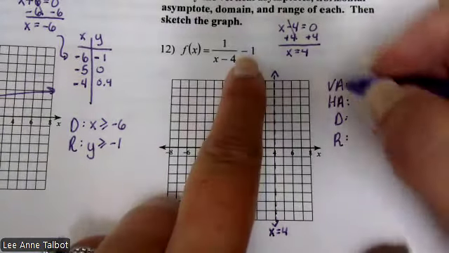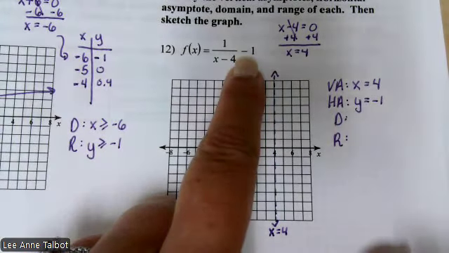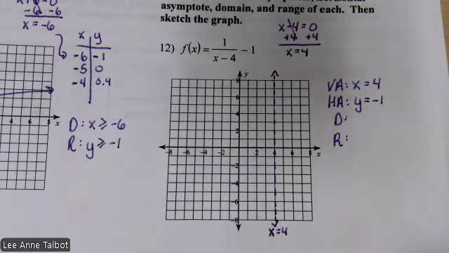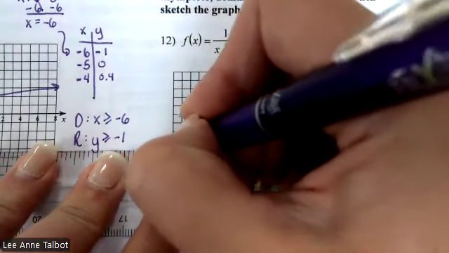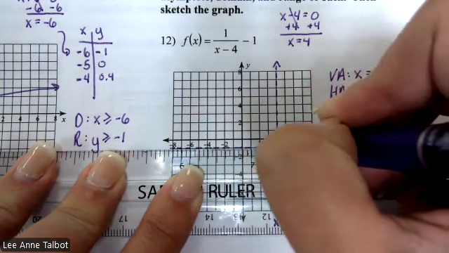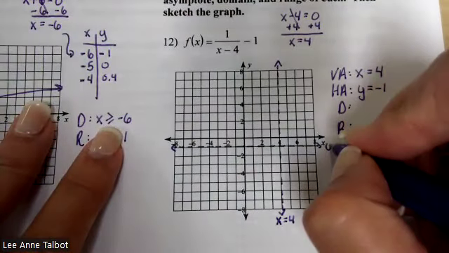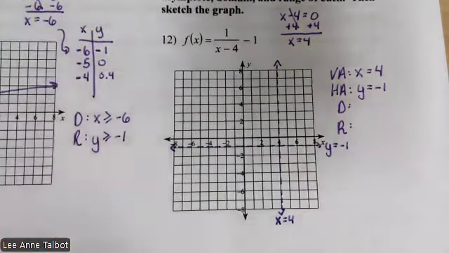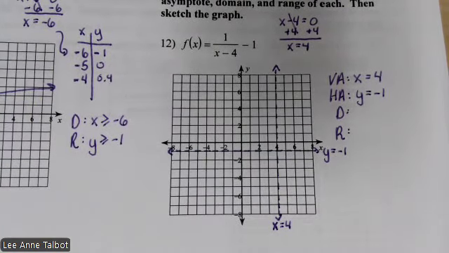Okay, horizontal asymptote is whatever this number is because the graph is shifted down one. Everybody see where I got the 4 and the -1 from?